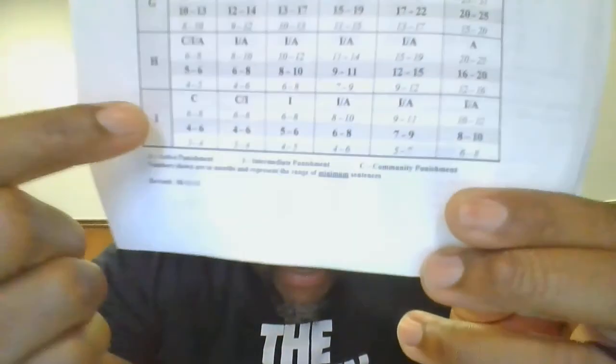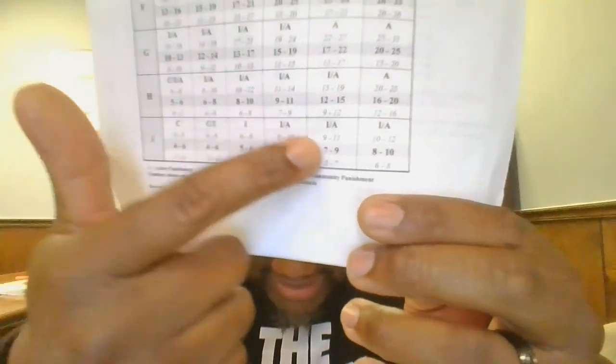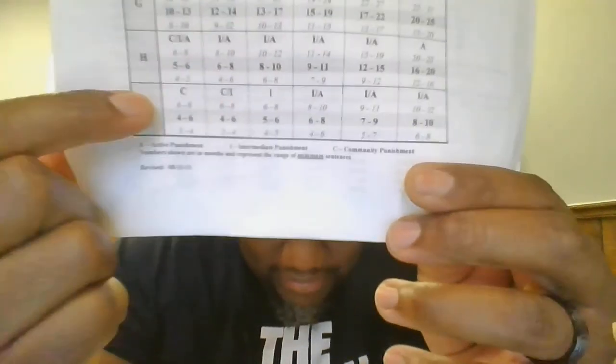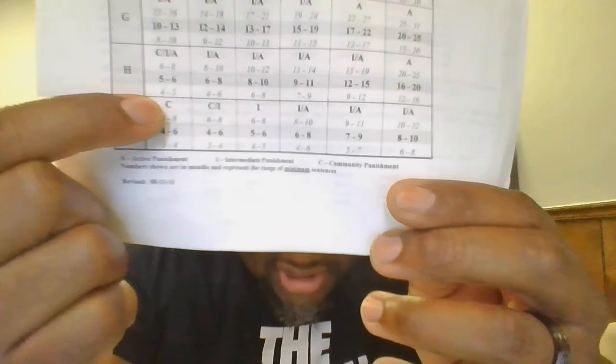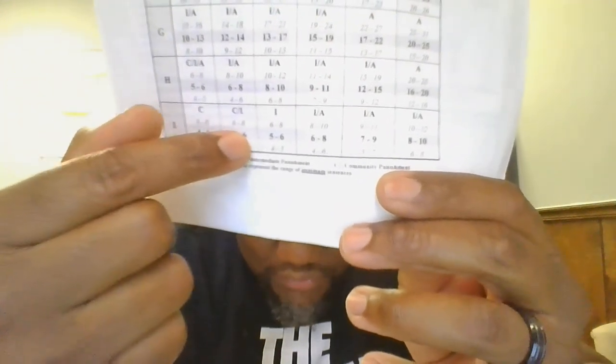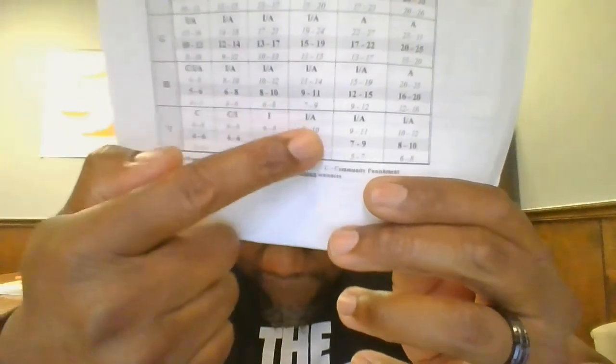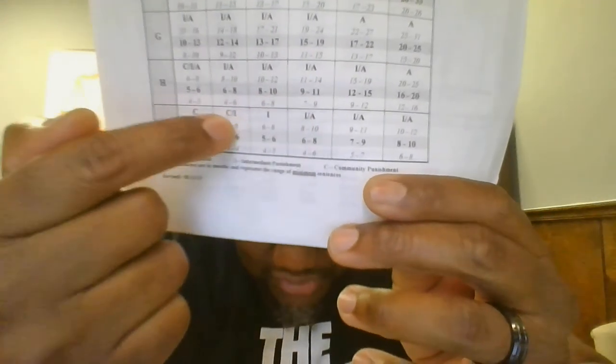So within these boxes, the C, the I, or the A in the box, or them not being in the box, determines the type of punishment that the judge can give you upon sentencing. So if you got a class I felony and you're a level 2, there's no A in the box, so the judge from the bench when you're first convicted can't even give you active time.